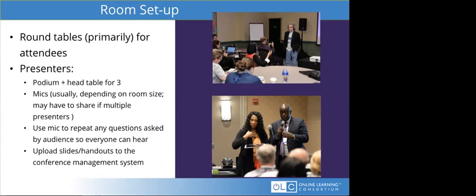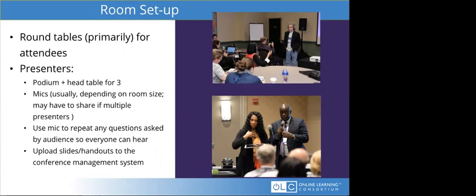Primarily, the rooms are set up with round tables that are set in what we call crescent rounds. So the two front seats that would have their back facing the screen and the presenter would not be set, and then there are 8 chairs around the round table in a crescent shape. That is the way that most of the rooms are set up.